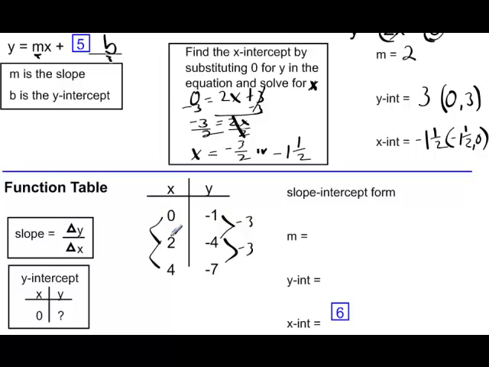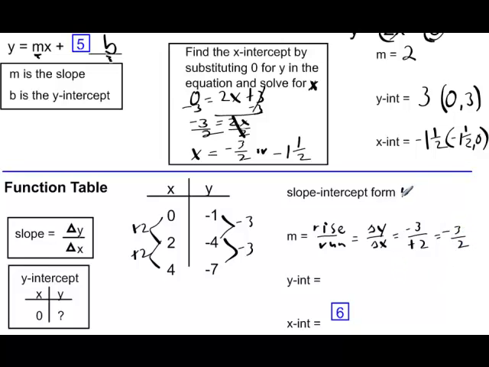Over here, I'm going smaller to bigger, so that's a positive 2 each time. So we know slope is, again, that rise over that run. It's that difference of our y's and difference of our x's. So the difference of the y's was negative 3, and the difference of the x's was positive 2, so we know our slope was negative 3 halves.